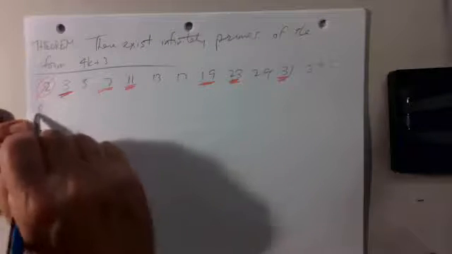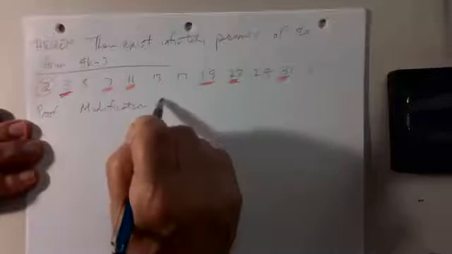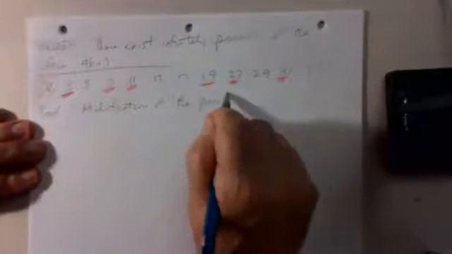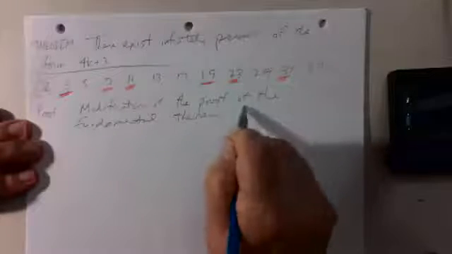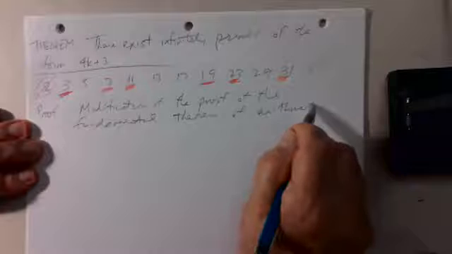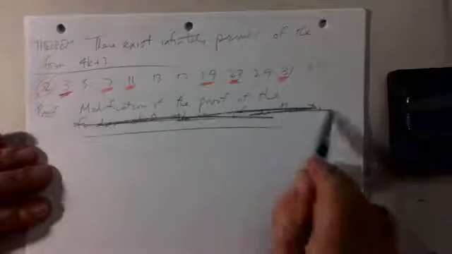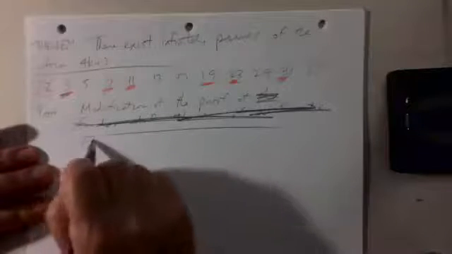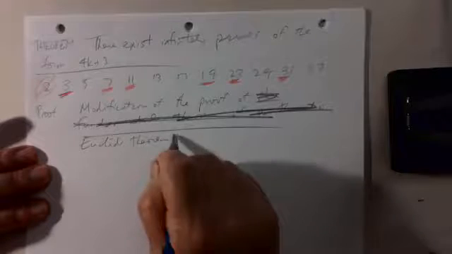So this requires a modification of the proof of Euclid's theorem, not the fundamental theorem of arithmetic. Let's recall how we proved that there are infinitely many primes.